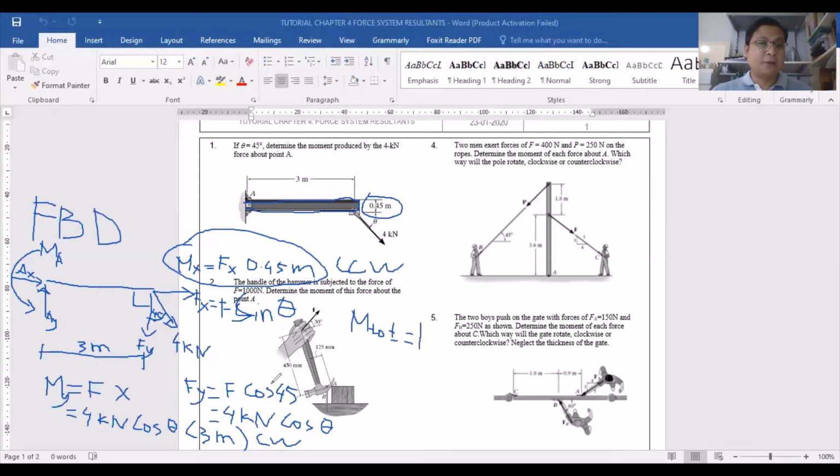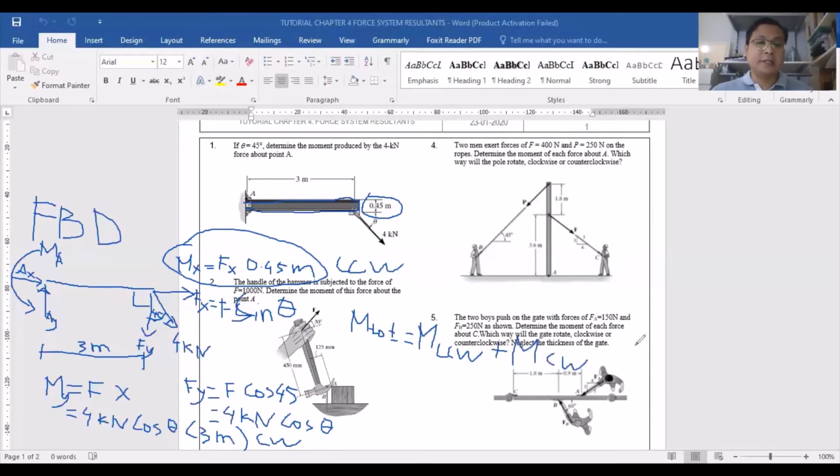If we consider clockwise as positive, then counterclockwise is negative. If you consider counterclockwise as positive, then clockwise is negative, correct? So based on your understanding, M CCW plus M CW.